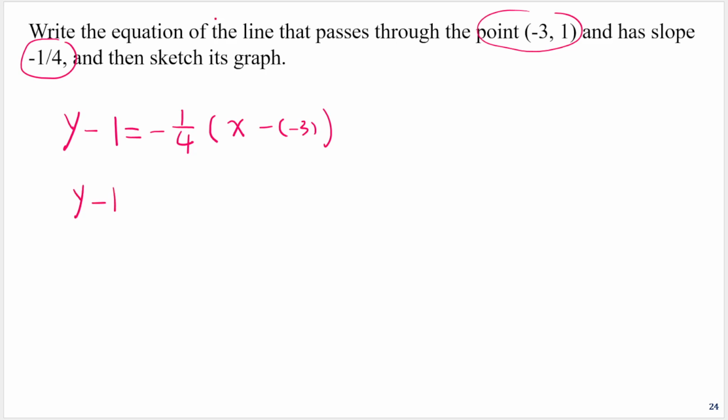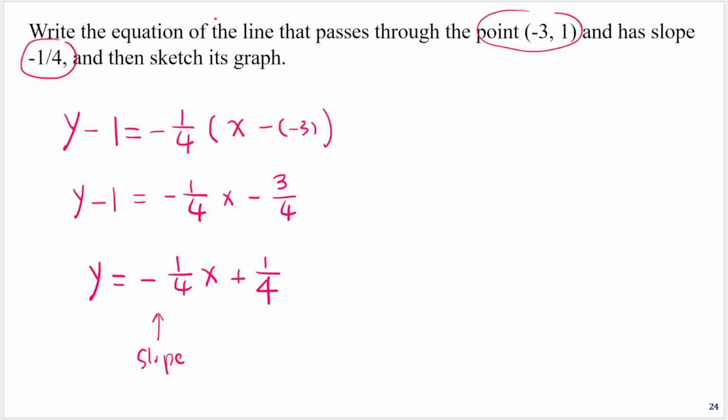So let's simplify this a little bit. -1/4 x and -3/4, right? So y equals -1/4 of x, then 1 minus 3/4 is plus 1/4, right? So the slope is -1/4 and y-intercept is +1/4.